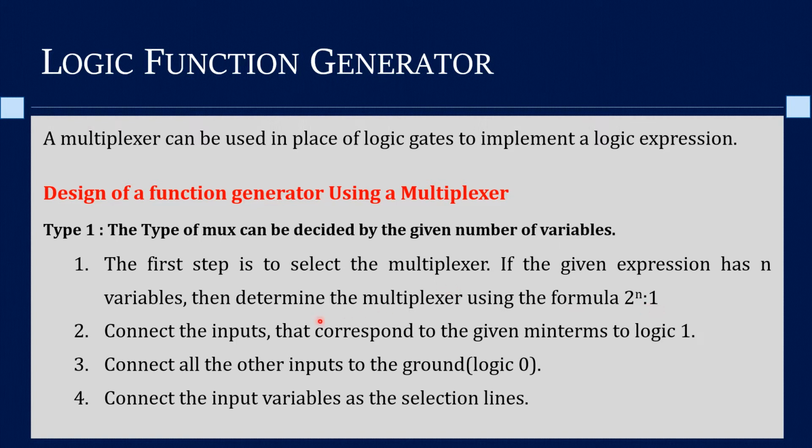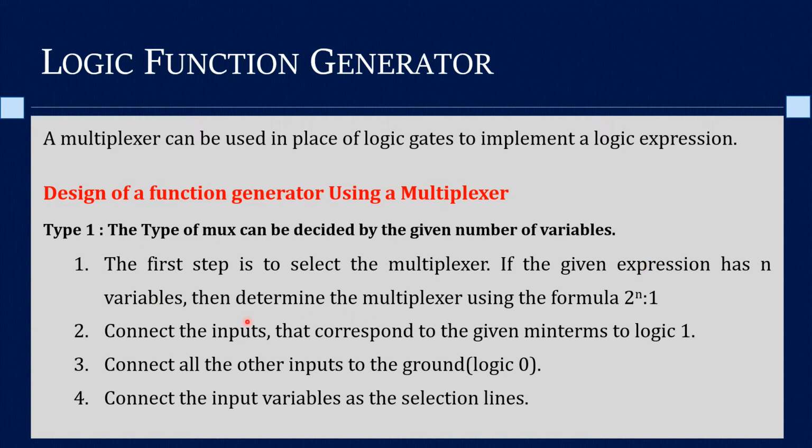If it consists of 3 variables, then 2 raised to 3 is 8, so an 8 is to 1 multiplexer will be taken. If n is equal to 2, 2 raised to 2 is 4, so a 4 is to 1 multiplexer will be taken. So the first step is to select the multiplexer based on the number of variables in the given expression.